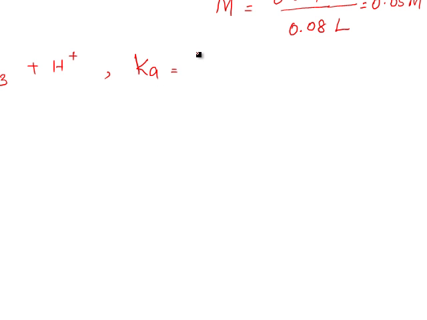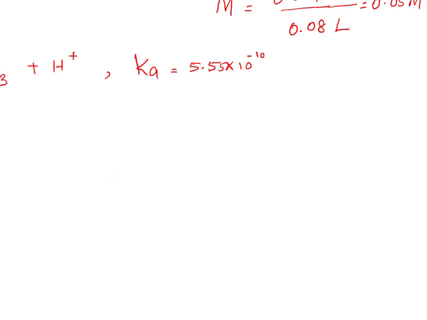Something to the power 10 to the negative 10. Look in the previous exercise. You calculated that already, the Ka for that one. 5.5, yes, 5.5 times 10 to the power negative 10. Right? 5.55. Okay, I can make it 5.55. So 5.55 times 10 to the power negative 10 was the Ka.